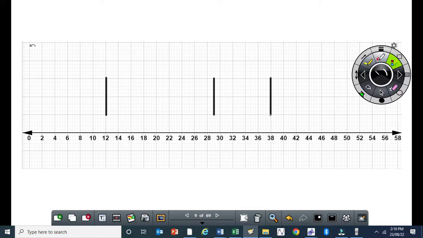And then okay, I'll fix that. 28,5. 28,5 will be somewhere there. Let me move that. Not perfect.